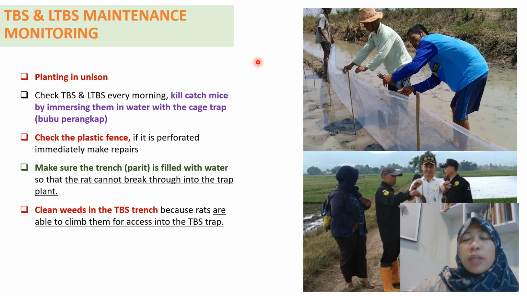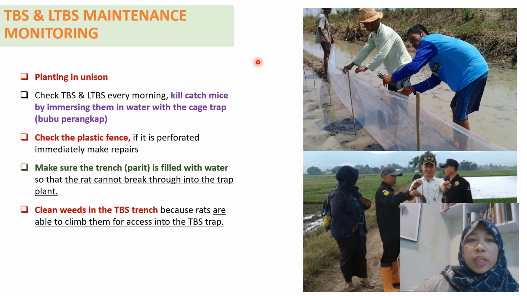How is the bubu trap? Is the bubu trap full of rats? We have to clean the bubu trap and remove the rats that have been trapped. We can kill and catch the mice by immersing them in water with a cat trap.